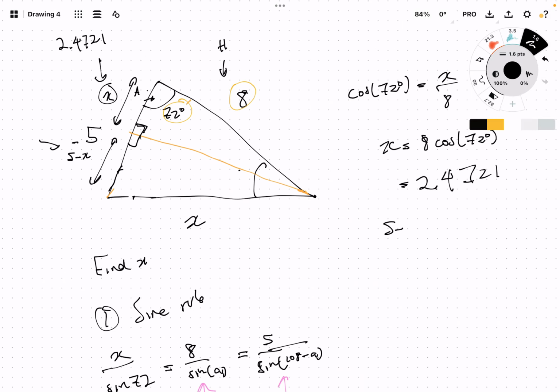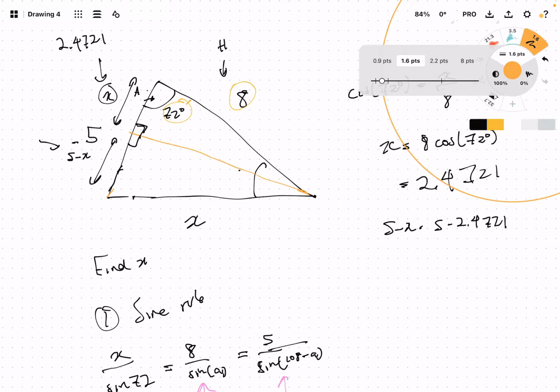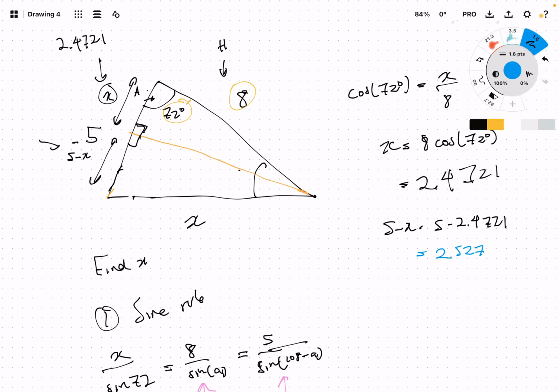So 5 minus x is 5 minus 2.4721. Okay, well that seems pretty good. It's 2.5 something, 5279, let's say, approximately. So 2.5279.